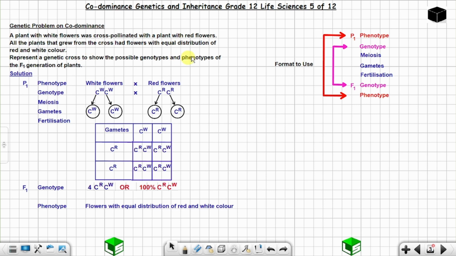This is the phenotype of the offspring, what you can see, the physical appearance. Or you can say all plants have both red and white flowers. So try to say something along these lines.